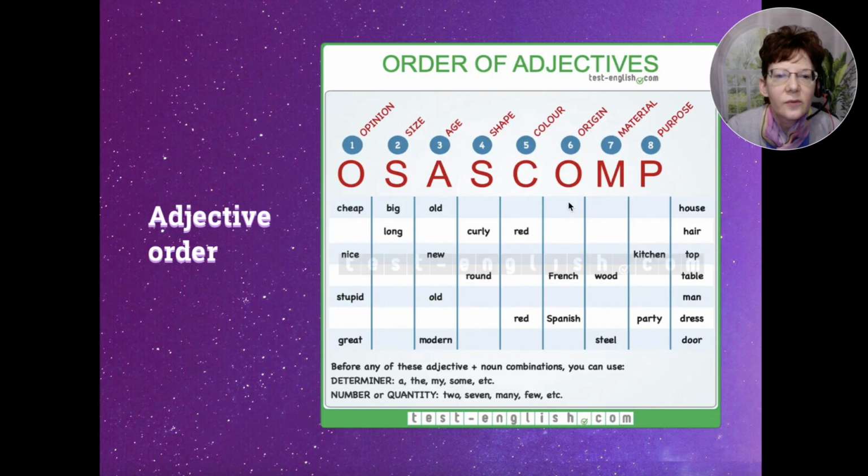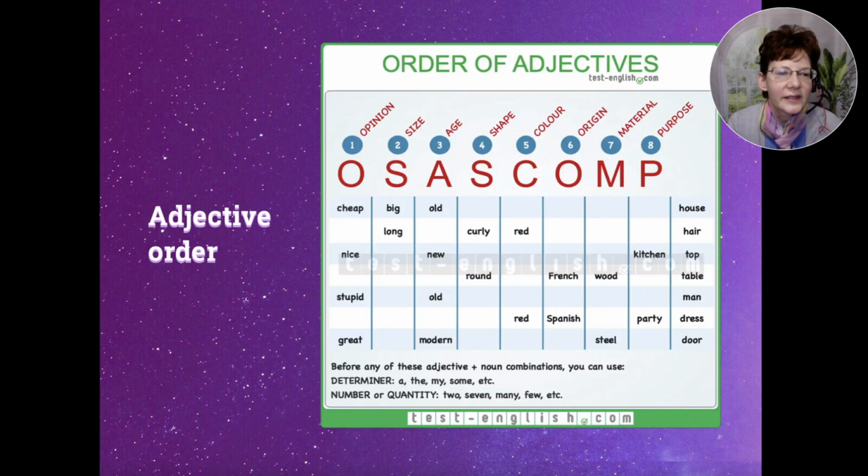Then after that comes the material, what something you're describing is made of: wood, steel, metal, plastic, anything like that. And last comes purpose, what it is used for: the kitchen, for a party, for the house, or any occasion, dress up, casual, things like that.